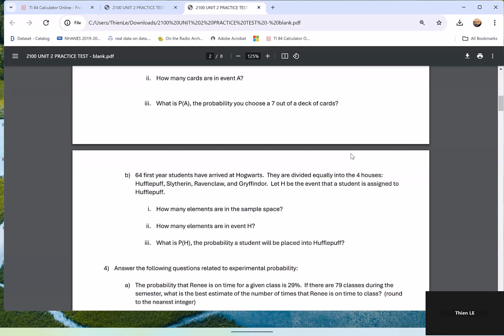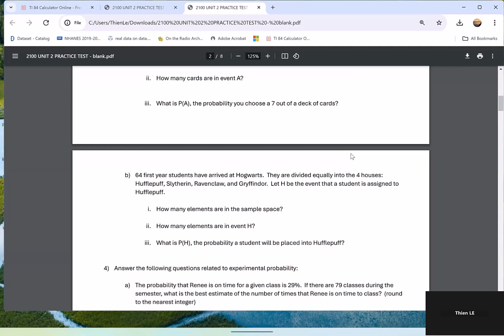The sample space is what we care about, the 64 students, right? And then we divide them into different houses, and we consider the event H, a student assigned to Hufflepuff, right? So the sample space we consider is all 64 students, right? And how many elements are in the event H?